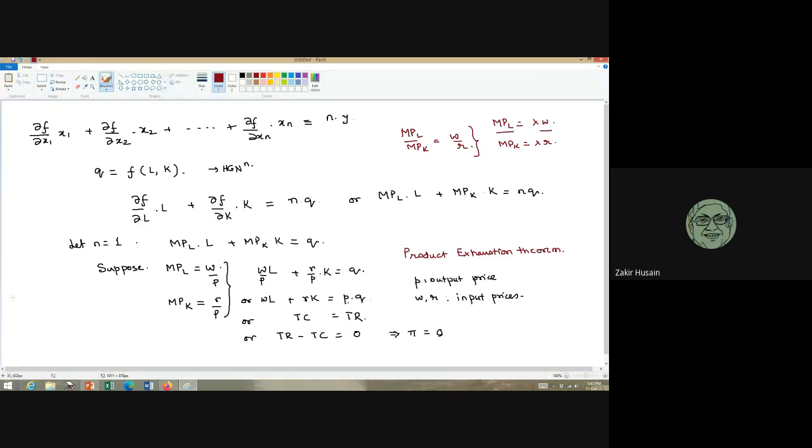So at this point, what you simply need to know is the product exhaustion theorem, which states that if workers and capital are paid the value of their marginal products, the entire output is exhausted.